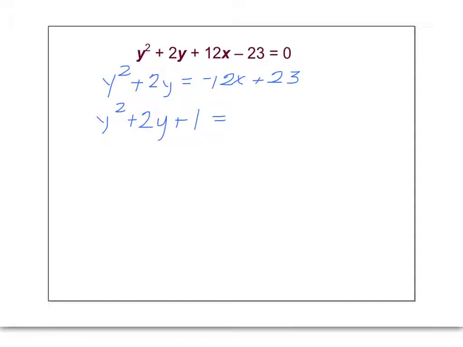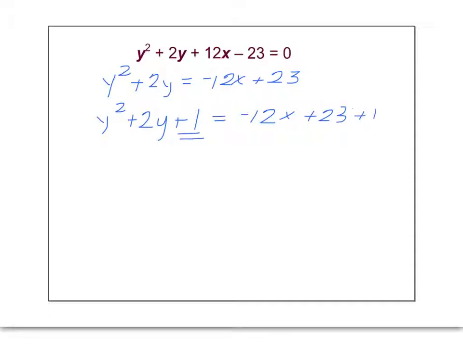Keeping in mind this is an equation, whatever we do on the left-hand side, we also have to do on the right-hand side. So this becomes negative 12x plus 23 plus 1.